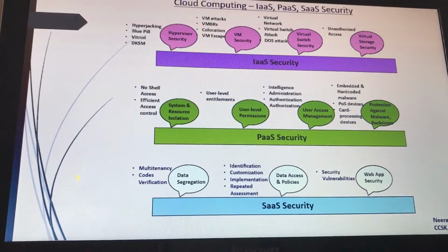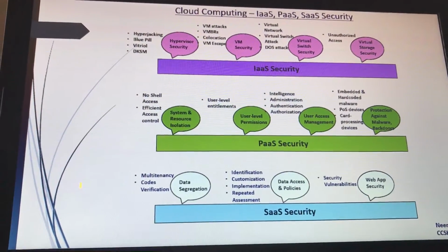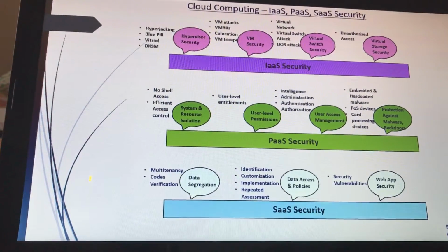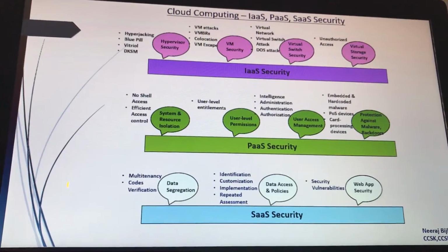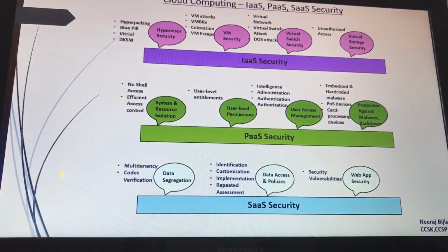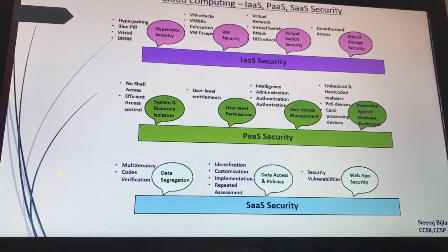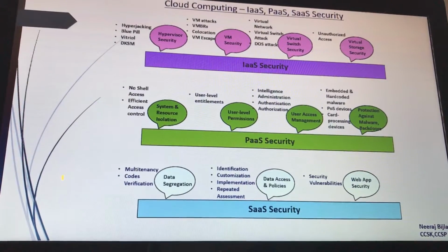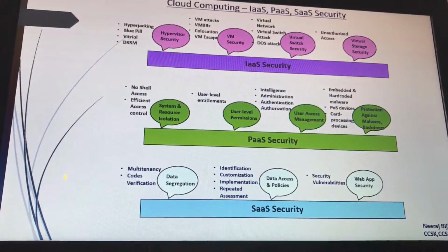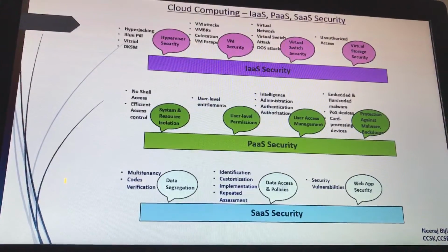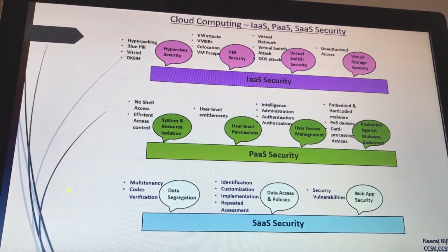Blue pill is nothing but a hypervisor rootkit using AMD secure virtual machine. This is also one type of hypervisor attack. Another is vitriol, that is a hypervisor rootkit using Intel VT-x, and another one is DKSM, direct kernel structure manipulation. That manipulates the kernel level of the hypervisor, which increases the attack surface of the hypervisor.